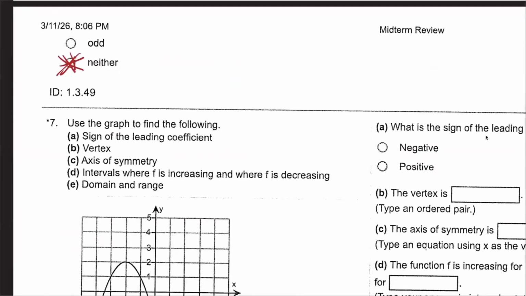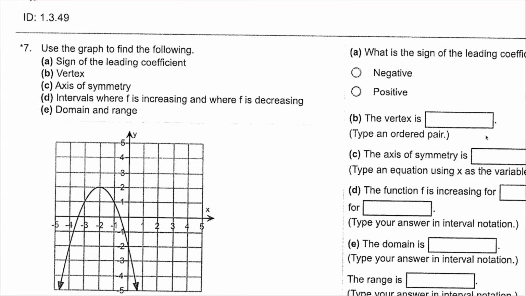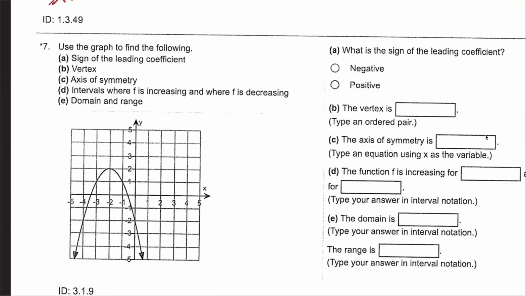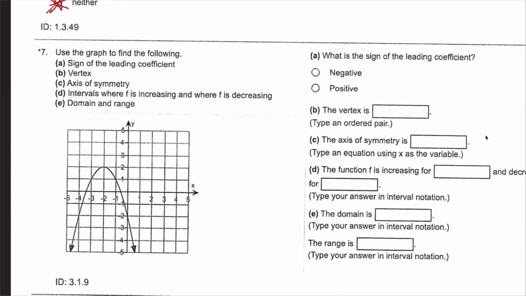All right, that took forever. All right, number 7, use the graph to find the following. The sign of the leading coefficient, the vertex of this parabola, the axis of symmetry, the intervals where f is increasing and where f is decreasing, the domain and the range. So what we know about a parabola that's upside down is that the leading coefficient, or the coefficient of the square term, must be negative.